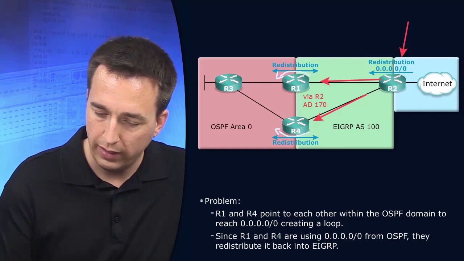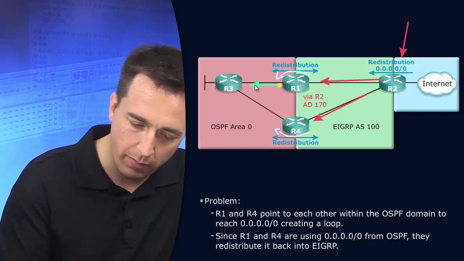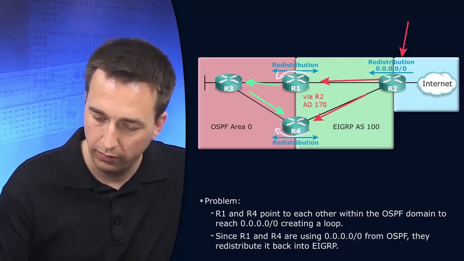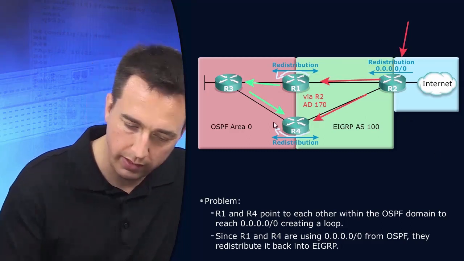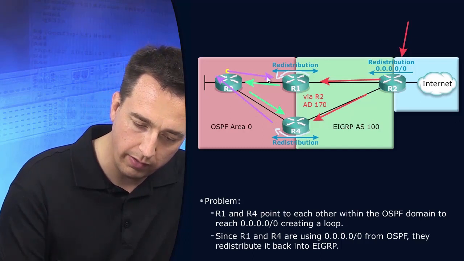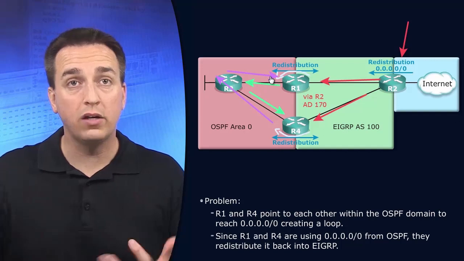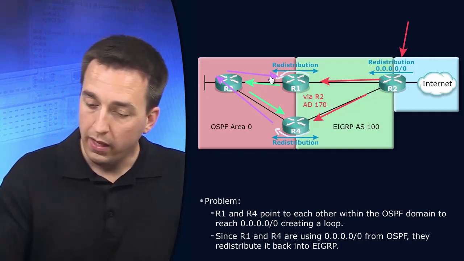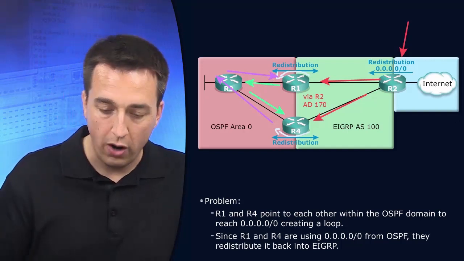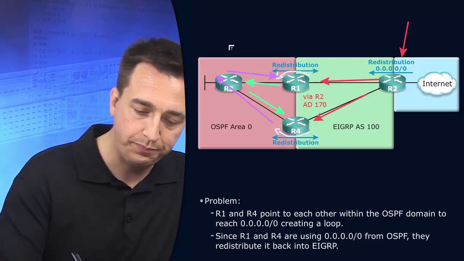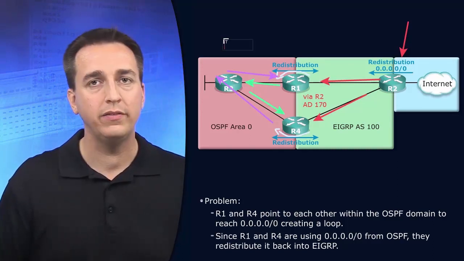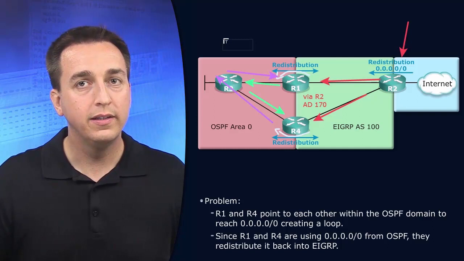And we're going to follow the arrows here. We're going to follow the green arrow from R1, and then we're going to follow the purple arrows from R4. These arrows are representing our LSAs that are coming from R1 and R4. And when the LSA from R4 arrives at R1, R1 is receiving a Type 5 LSA.